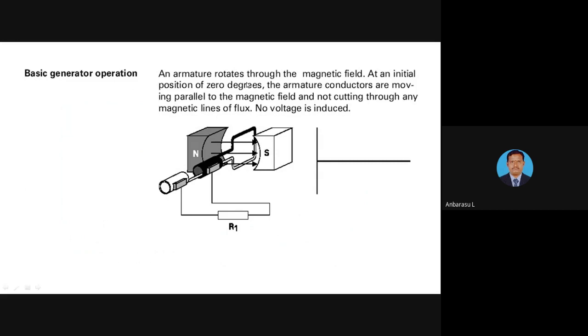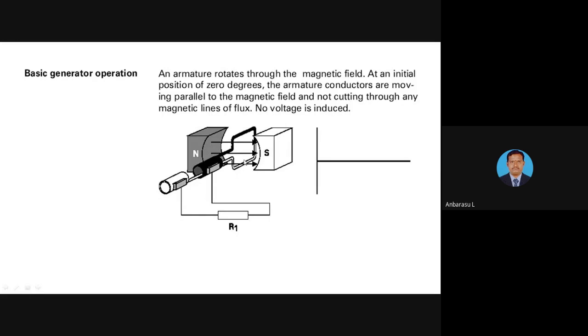The armature rotates through the magnetic field, starting at the initial position of 0 degrees. At this position, the conductor is moving parallel to the flux lines. The flux lines always move from north pole to south pole. When the conductor is parallel to the flux, no EMF is induced in that conductor because it cannot cut the magnetic lines of flux.